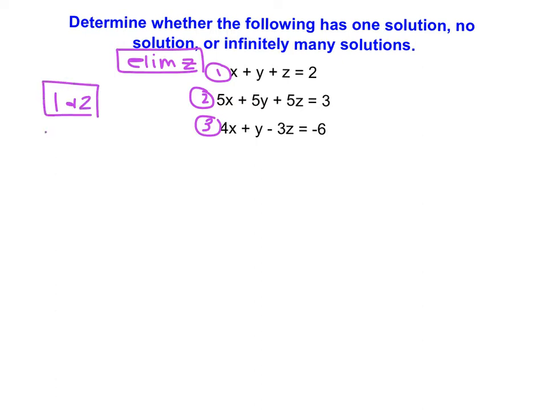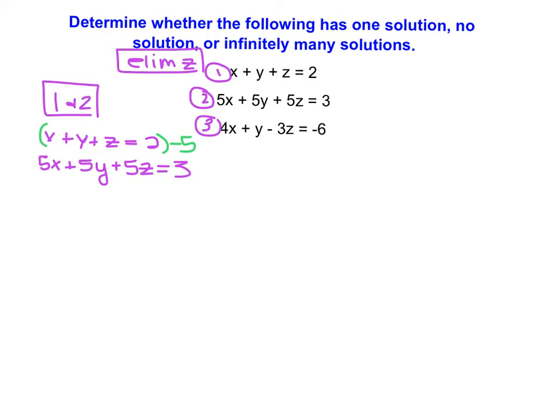Here we have x plus y plus z is equal to 2, and then we have 5x plus 5y plus 5z is equal to 3. What we're going to do is manipulate that first equation by multiplying it through by a negative 5 in order to make that coefficient of x negative 5.